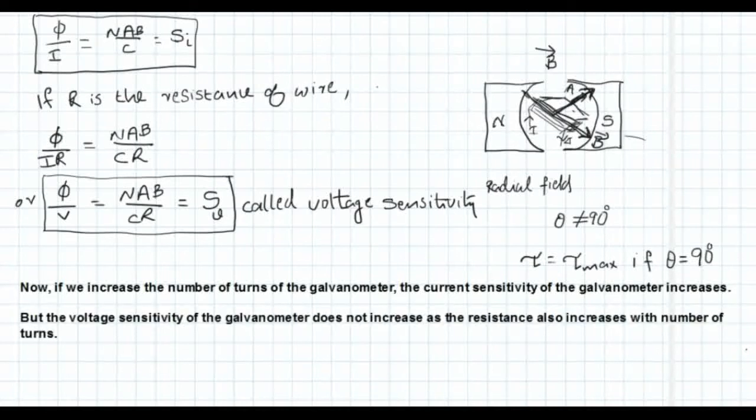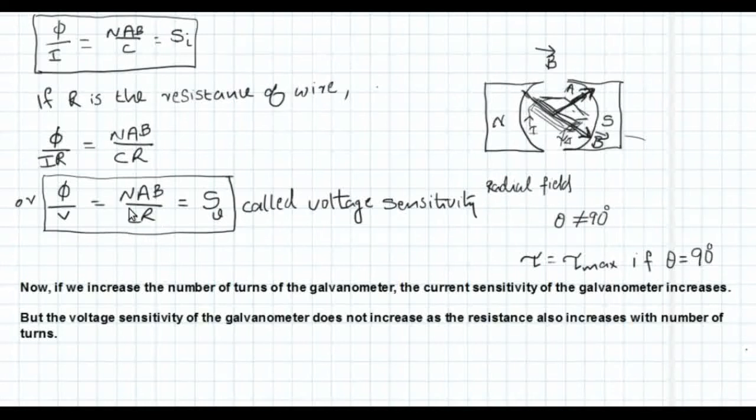But the voltage sensitivity of the galvanometer does not increase as the resistance also increases with the number of turns. If n becomes 2n, correspondingly R will become 2R. So these two will cancel each other. Again what we are getting is NAB divided by CR.